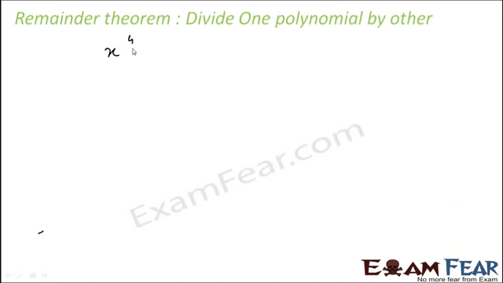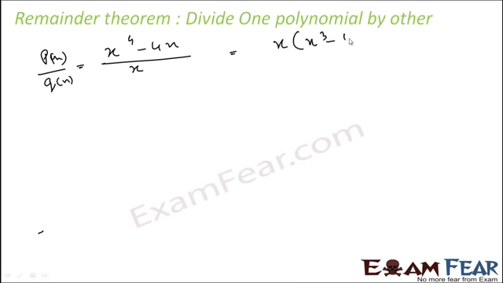So let's try to divide x to the power 4 minus 4x by x. Let's suppose this is p(x) and this is q(x). If you see, there's x common, we can write p(x) as x into x cube minus 4, and q(x) is x. So I can divide this and you get x cube minus 4.